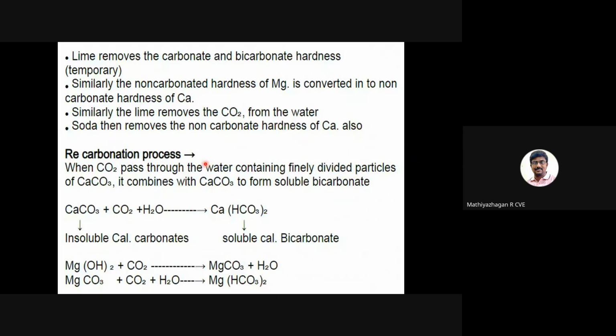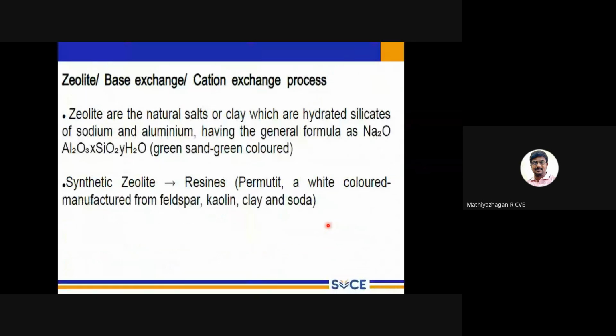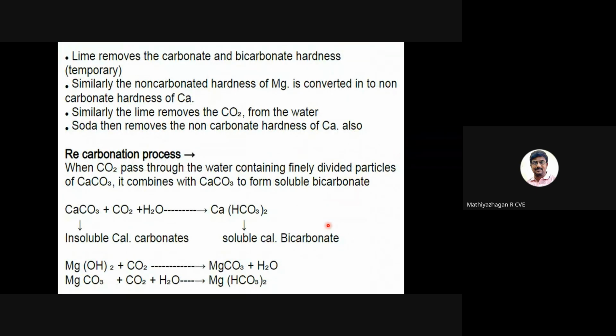That is, we have to do the recarbonation process to convert the insoluble calcium carbonate into soluble bicarbonates. Using this lime soda process, we can't achieve 100% removal of hardness. We can achieve only up to 50 milligram per liter of hardness.